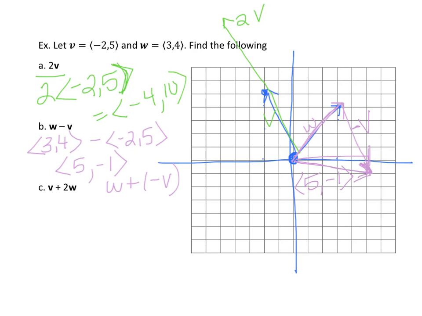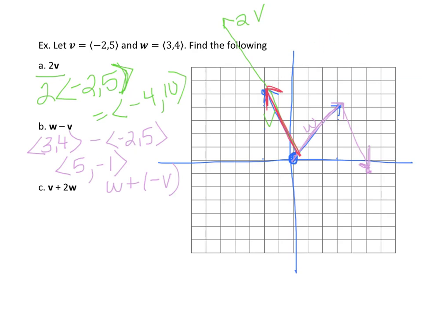Okay, I'm going to erase some of this to get to the third one. It's not letting me erase everything, so let's just keep going. This is my v, and I want to add onto it 2w. So I'm going to take my w, essentially, right here, slide it up here so it's on the end, and double its length.